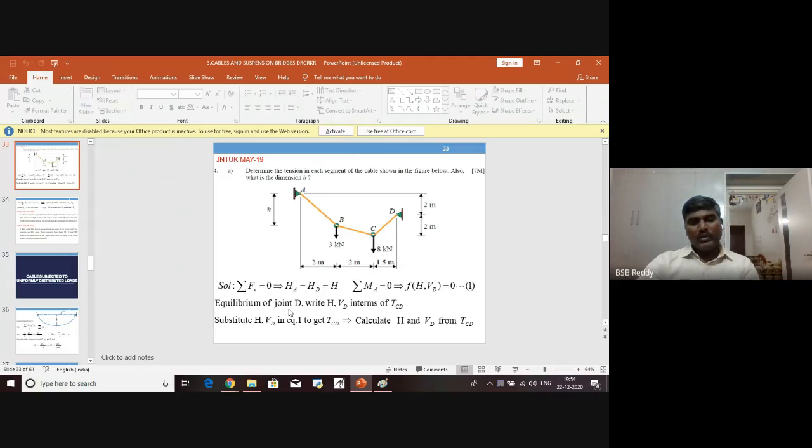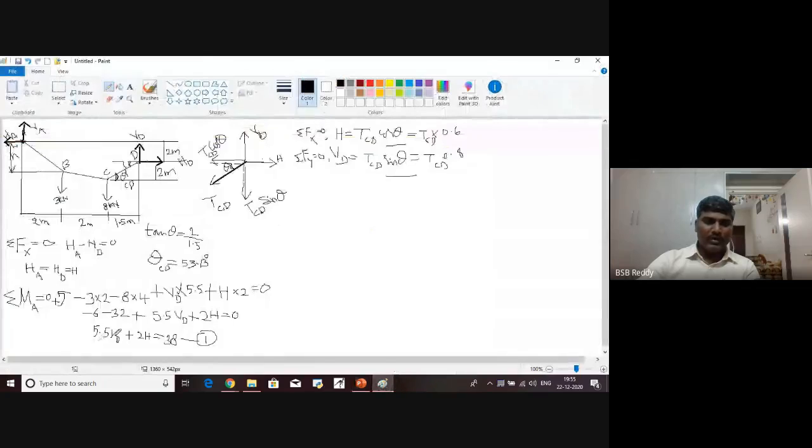You see, we have taken equilibrium of joint D, and then we wrote H and VD in terms of TCD. Now we are going to substitute H and VD in equation 1 to get TCD. Okay. So that we are going to do. So 5.5 times VD means what?